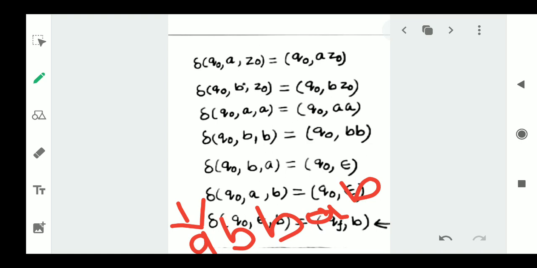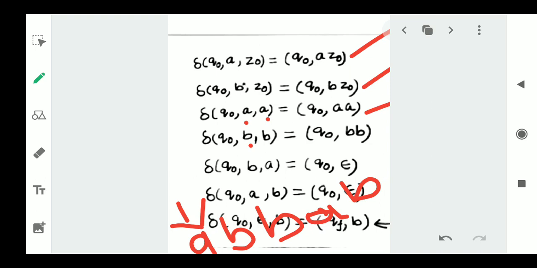Your string may start with A or B. If your string starts with A, insert A into the stack. If it starts with B, insert that into the stack. After that, if the same input symbol arrives, insert it into the stack.